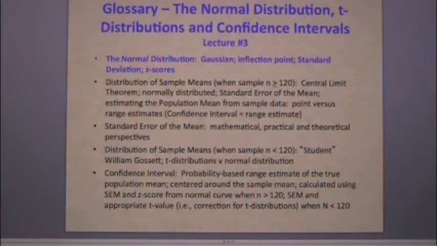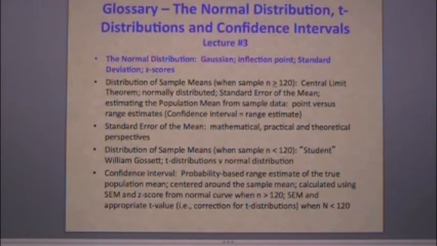As you go from 120 to 50 to 10 to 5, the distribution of sample means is no longer a normal curve. It's only a normal curve if the sample size is big. If the sample size is 50, it's kind of normal looking, but it's a little shorter than normal, and it's got a little bit more out on the edges, a little fatter and flatter.